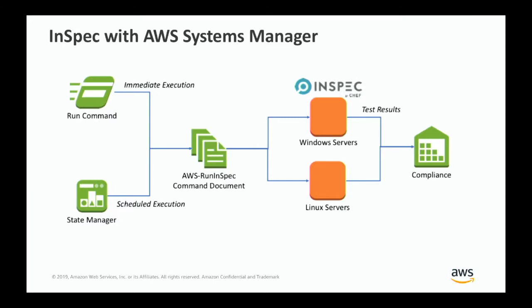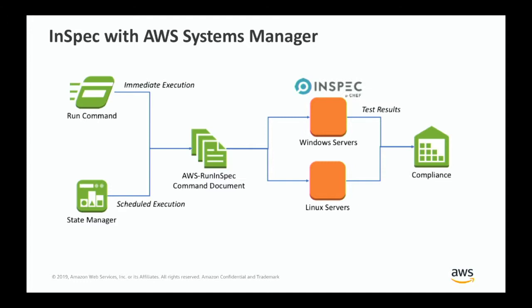Where you then target a document. So in Systems Manager, these executions are defined in a document. You can think of it as a little bit like your Chef cookbook. It would be the equivalent, right? And then we can execute them on Windows and Linux servers. The Run Command document runs, and then the result gets reported into the compliance capability of Systems Manager inventory.